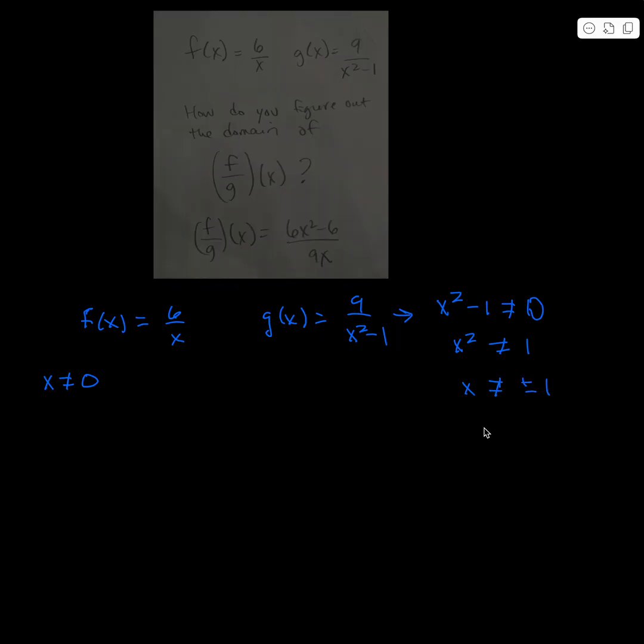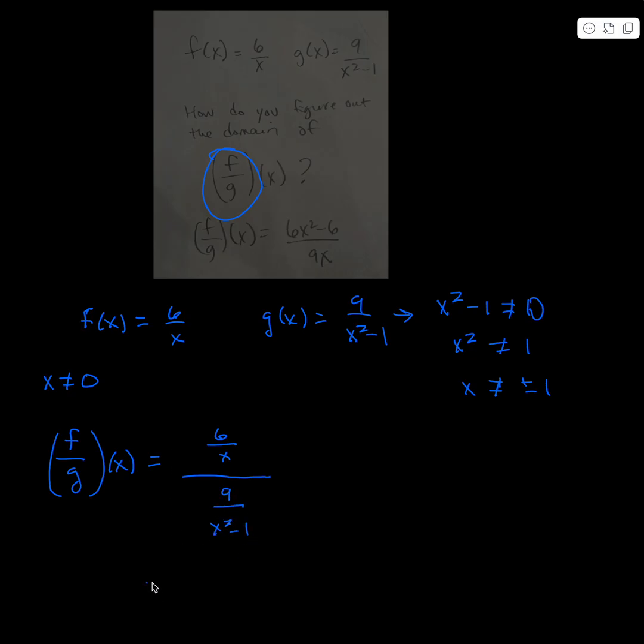Those do not go away. This is not a composite function. We're just taking f and dividing it by g. So f over g of x would indeed equal 6 over x, over 9 over x squared minus 1.